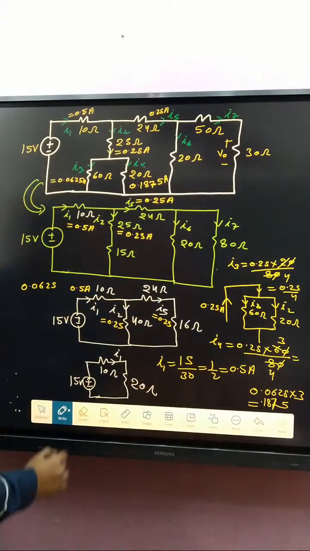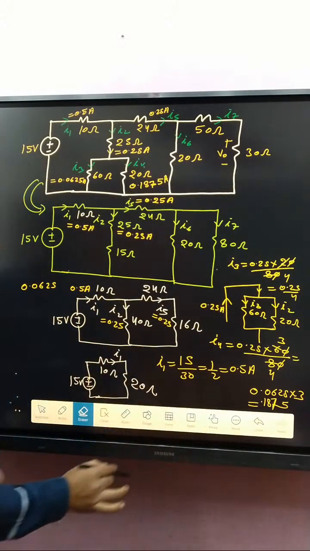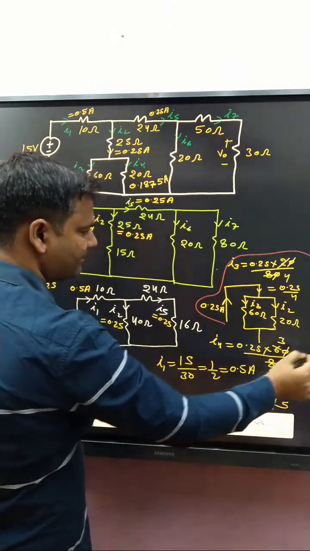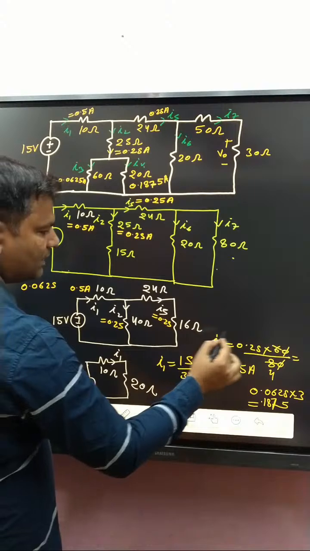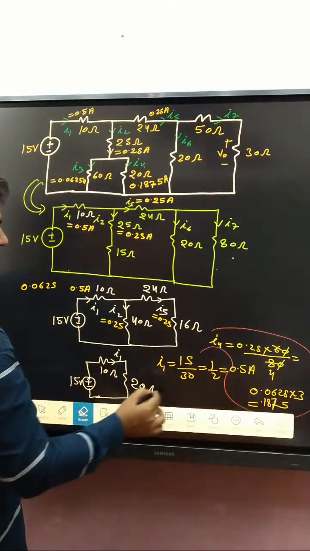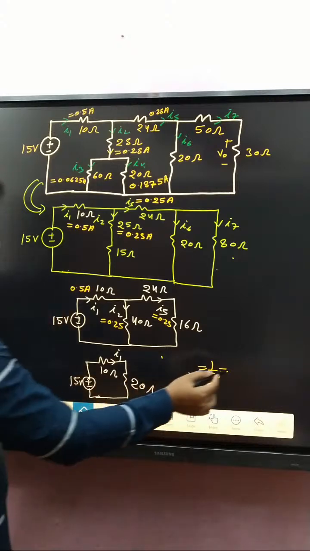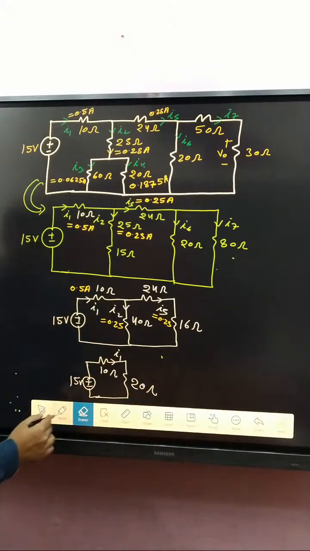Again apply current division rule. Okay, so first of all, that one again remove, and that one removing, and this one removing, otherwise a lot of confusion.